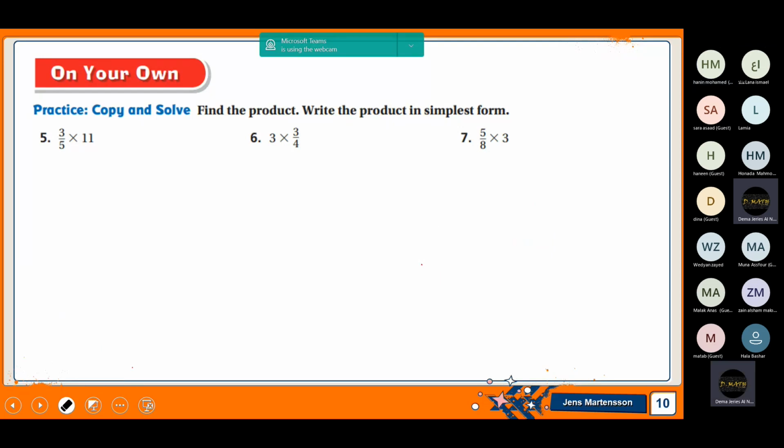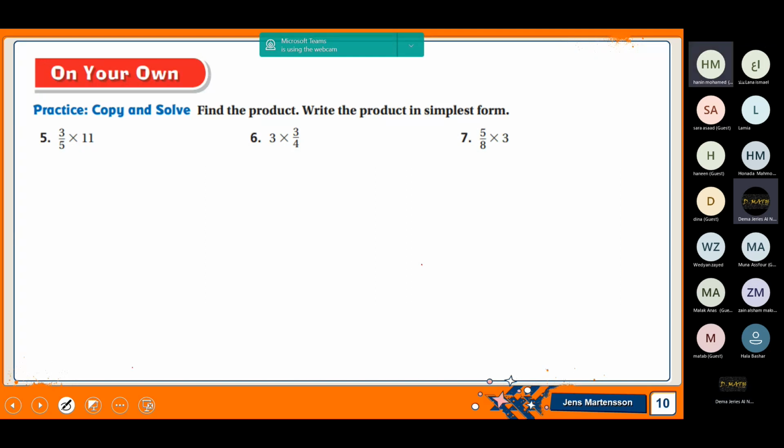Now, when you want to multiply a whole by a fraction, what do you have to do first? Multiply the whole by the numerator or the whole by the denominator? The whole by the numerator. Bravo. Where is the numerator here?